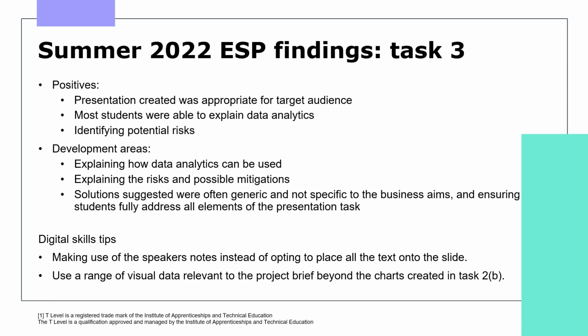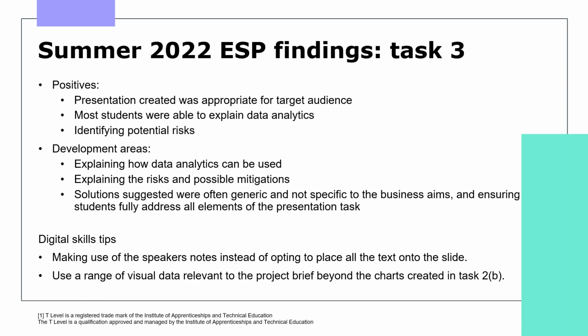So again, the main theme is relating it back to the aims and context of the brief: how the data analytics can be used for their aims, how the risks have come about, and how they can be mitigated as well.